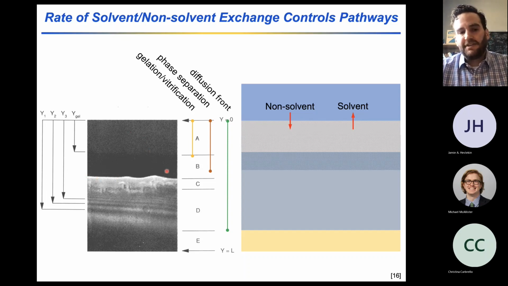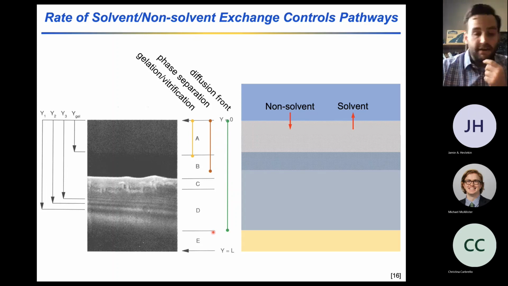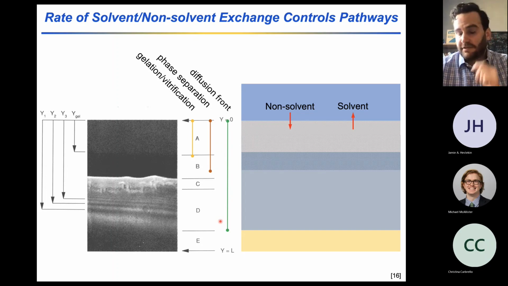This leading edge of the very dark black region here is associated with the phase separation front, and then these fringes are due to the interaction between solvent and non-solvent, and so this leading fringe represents the diffusion front of solvent-non-solvent exchange. And so they're able to make these measurements for a variety of different materials, and then can correlate how these lengths grow as a function of time in order to maybe understand a little bit about the dynamics associated with the phase separation process.